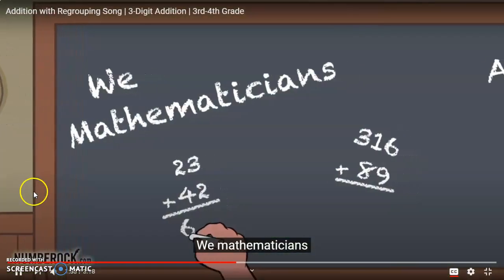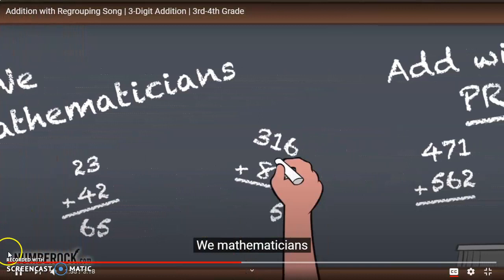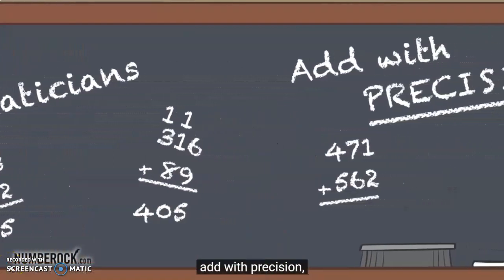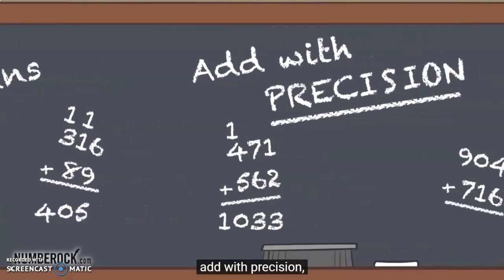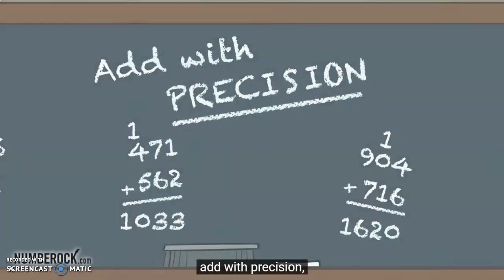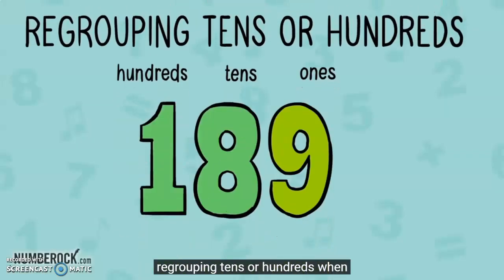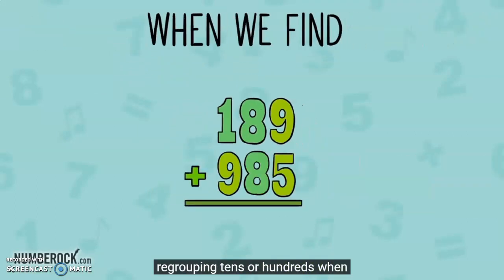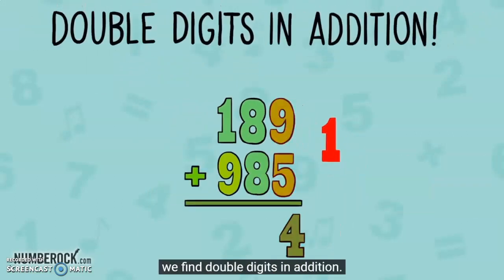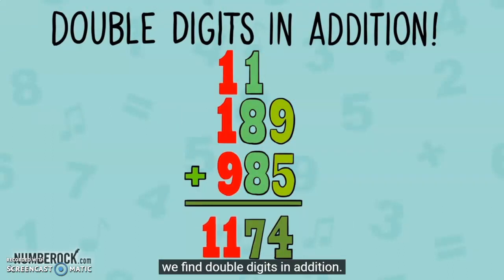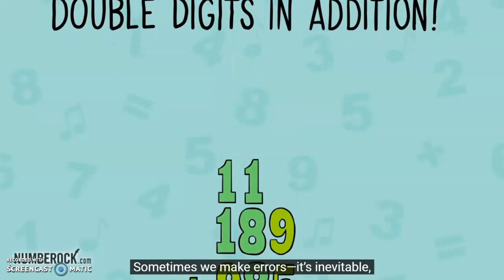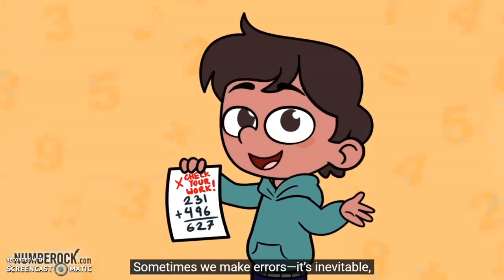We mathematicians add with precision, regrouping tens or hundreds when we find the 4-digit addition.